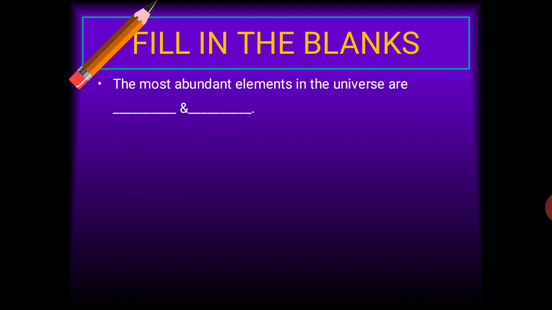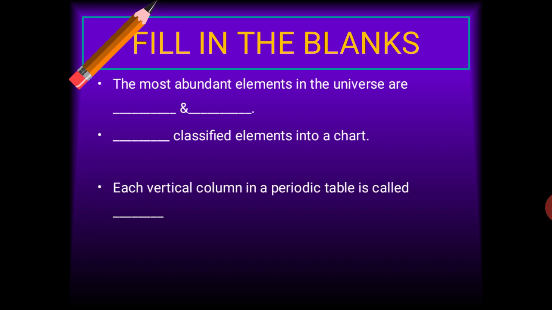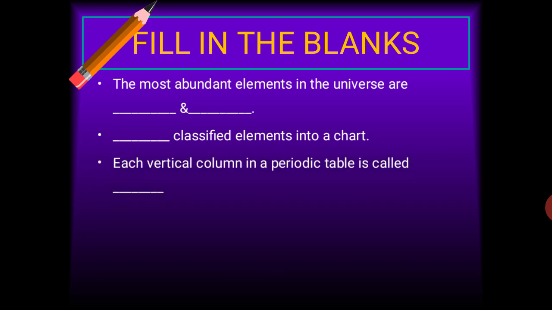I hope so. The most abundant elements in the universe are, yes, hydrogen and helium. Periodic table classifies elements into a chart. Each vertical column in a periodic table is called a group, and each horizontal row is called a period.